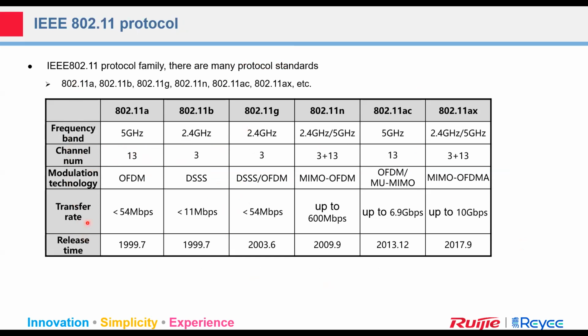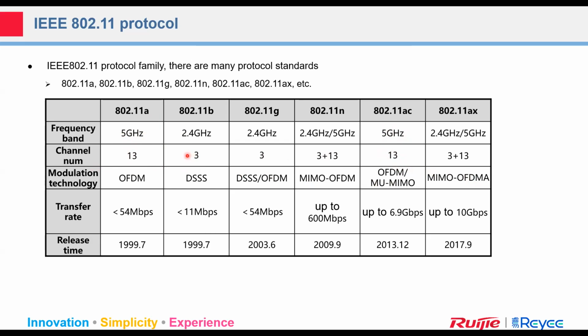Here you can see the IEEE 802.11 protocol family, which has 802.11a, 11b, 11g, 11n, 11ac, and 11ax. You can see here 11a only has the 5 gigahertz frequency band, and also 11ac, 5 gigahertz. The channel number is 13 for 5 gigahertz.